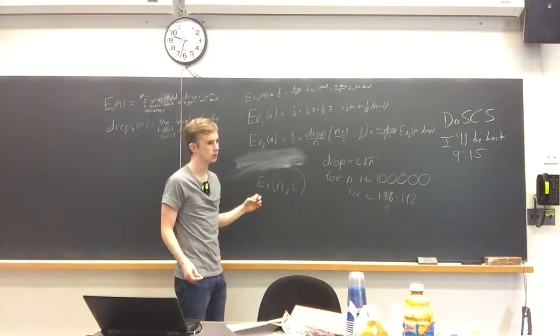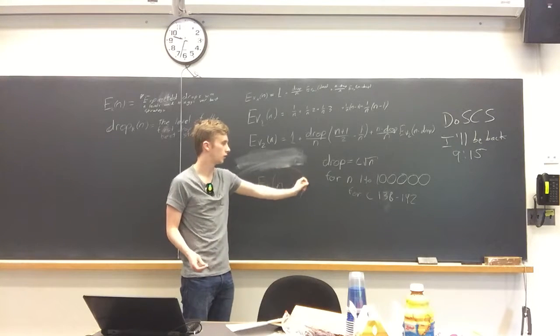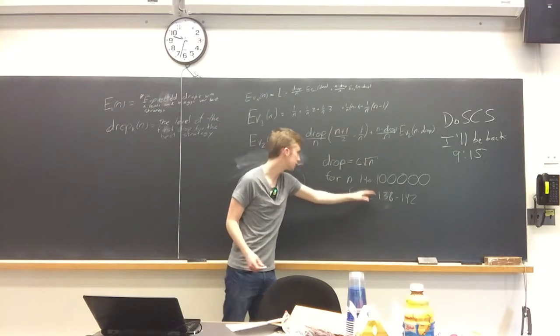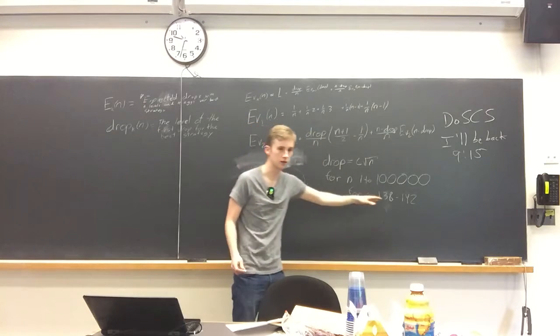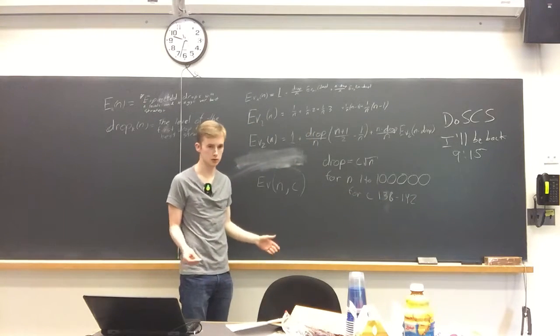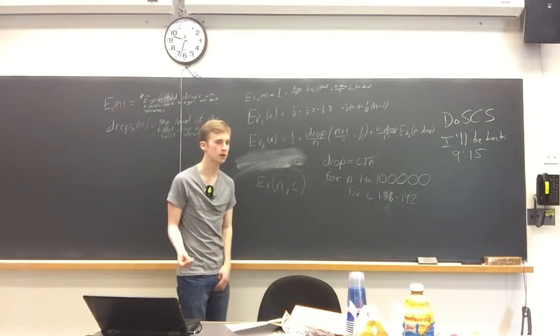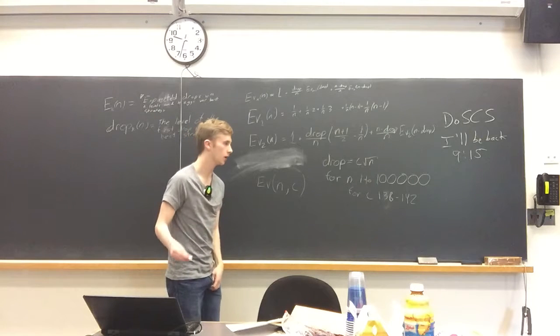I passed it into this function for every value of c, and then I took which value of c gave me the best result, and I stored c, and I stored the value, and then I kept on going.